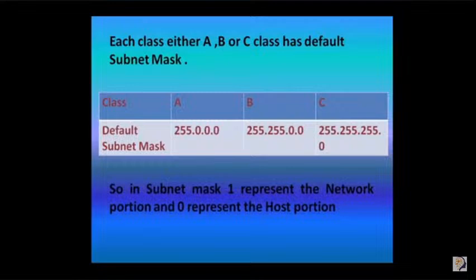So network is, it is the last valid IP of the in-between IPs that exist here.